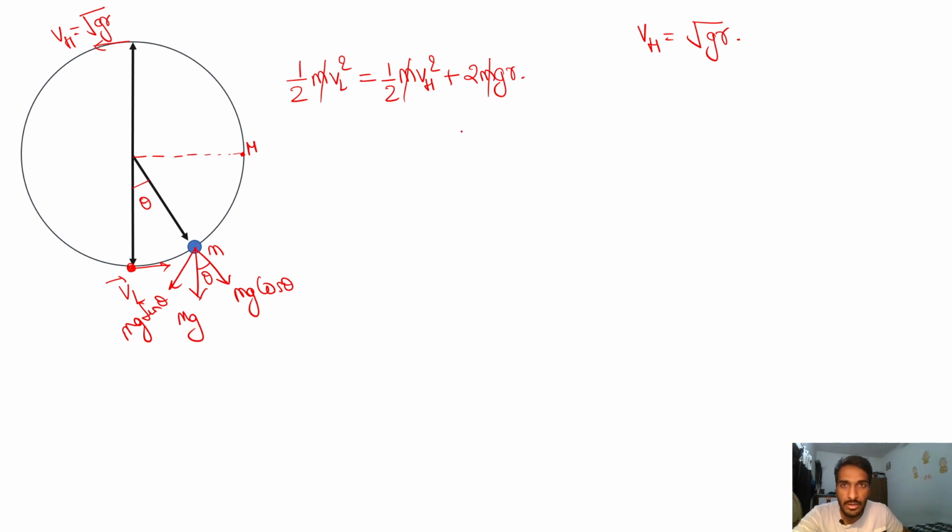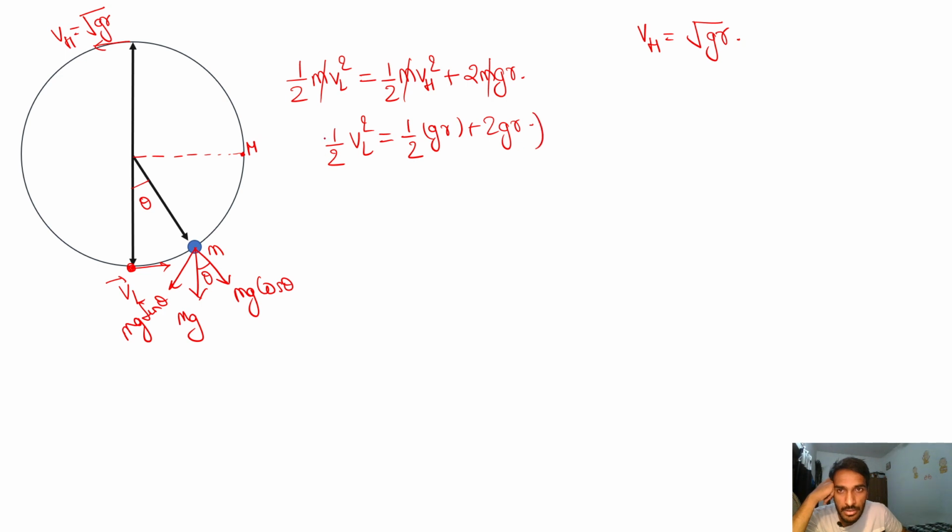So how will I find vL? vH is given as root gr, so vH square equal to gr. So we'll say vL square is equal to 1 by 2, vH square is gr, plus 2gr.